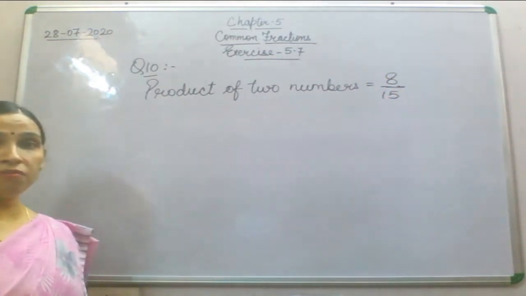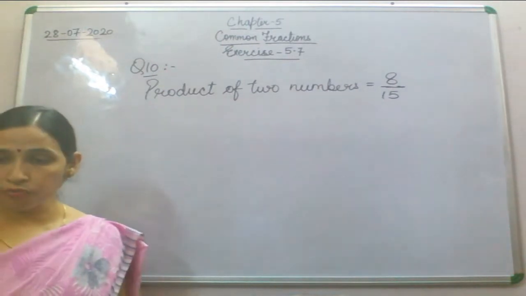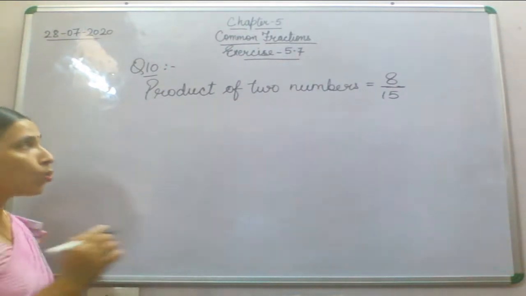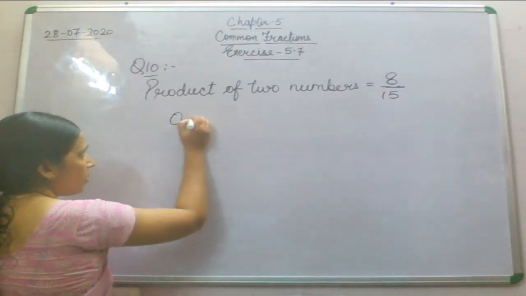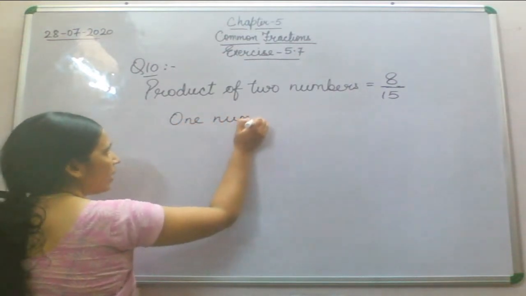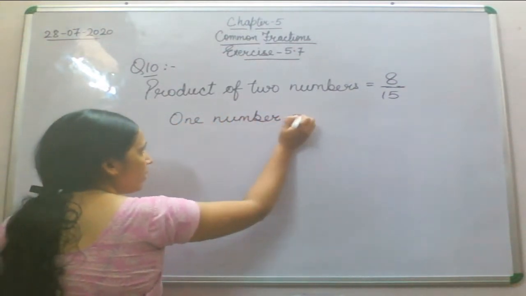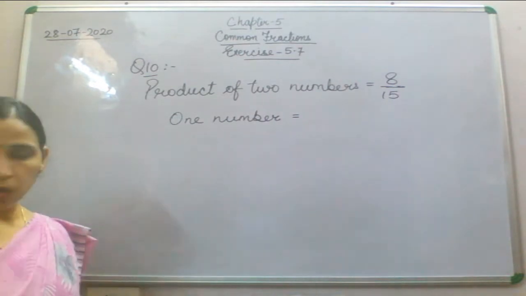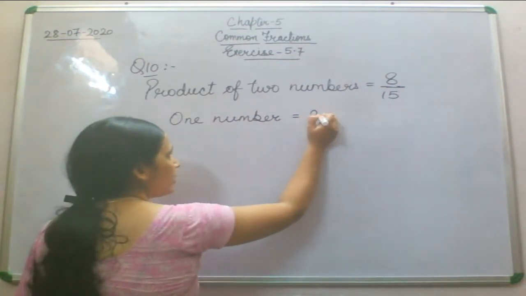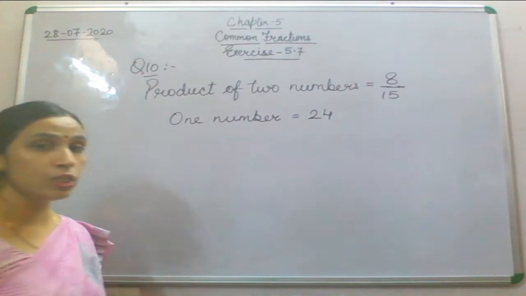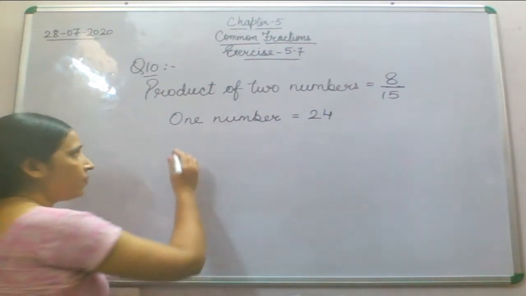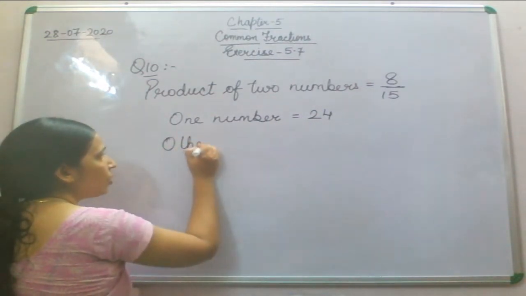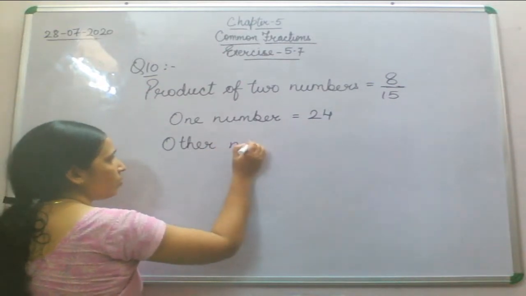Now one number is 24. The other part of the question is, you have to find the other number. One number is given to you, the other number you have to find out.